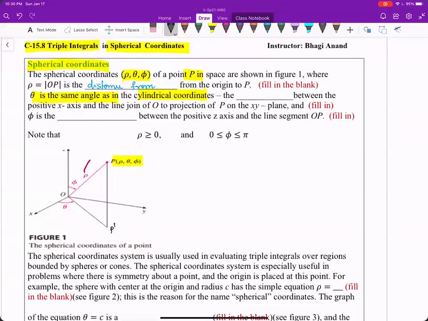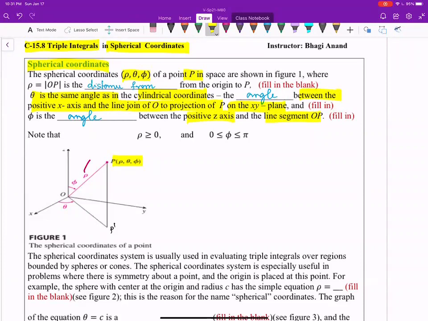The angle between the positive x-axis and the line joining O to the projection P, that is what theta is. And phi is the angle between the positive z-axis and the line segment OP.